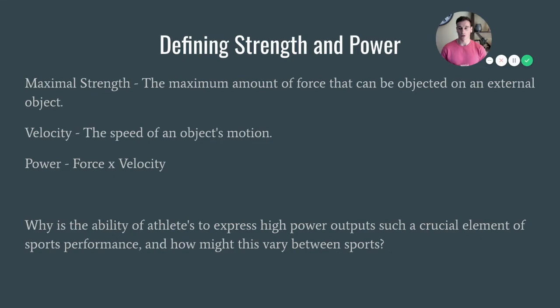So in Olympic weightlifting, yes, you need strength, but the nature of the movement, the way the bar goes from the floor to above your head, is not something you can do slowly if you want to lift the highest possible weight.